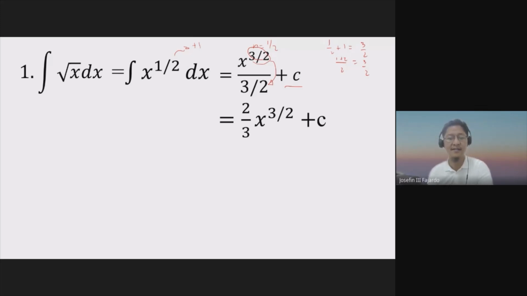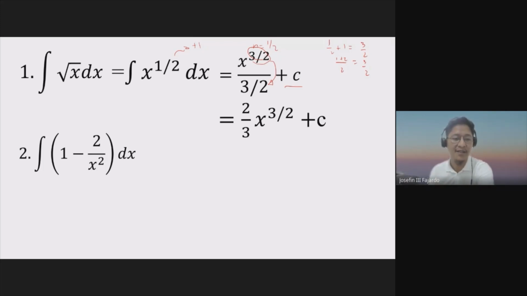Okay? Question? Wala? More? Let's have this. So what if we have the integral of 1 minus 2 over x squared dx? Same thing. Wala tayong nasa denominator na ganun.